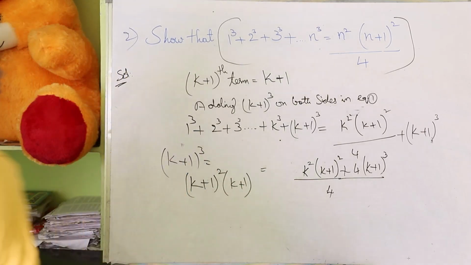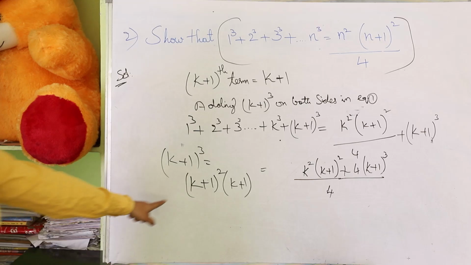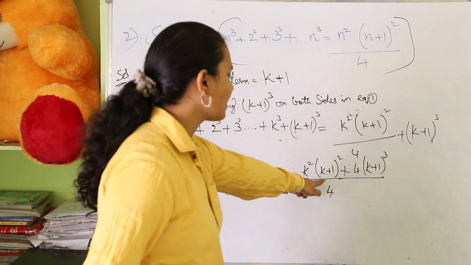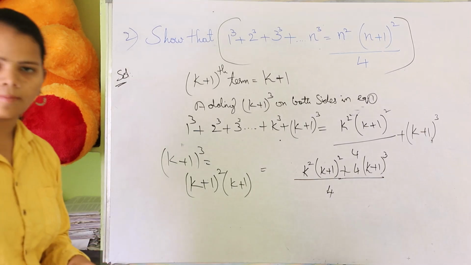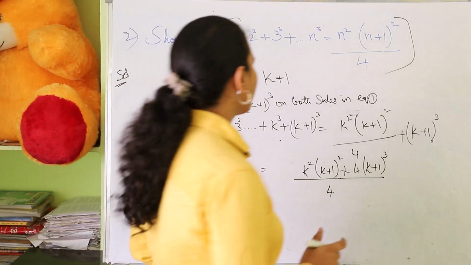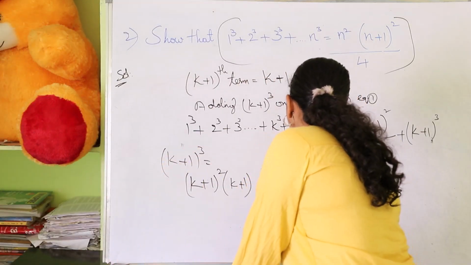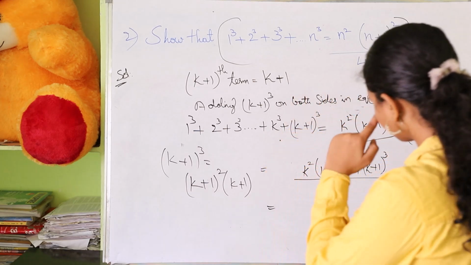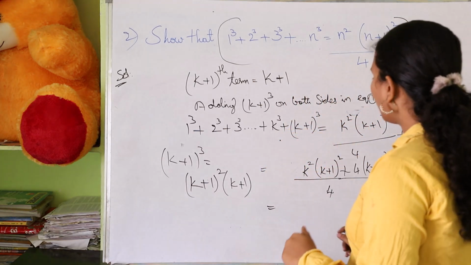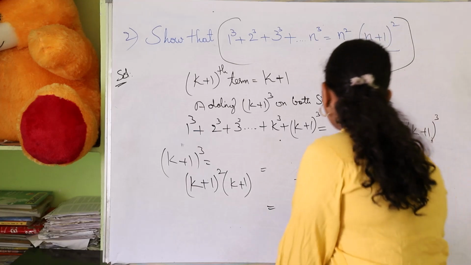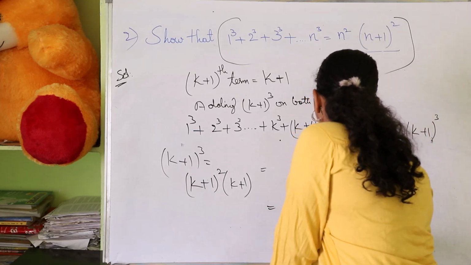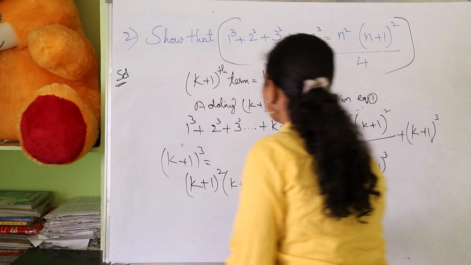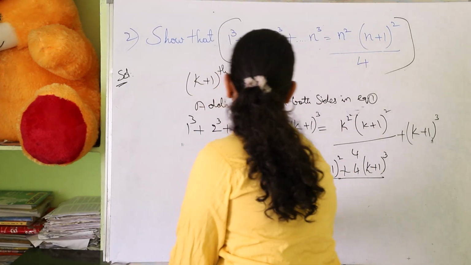So here I have k plus 1 whole square, and here I also have k plus 1 whole square, so I am going to take k plus 1 whole square as common. Clear?